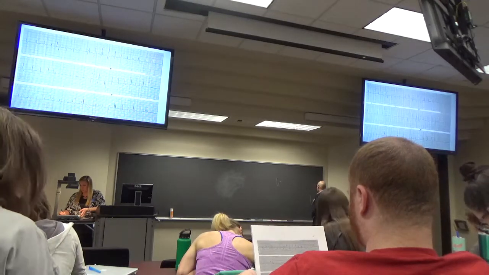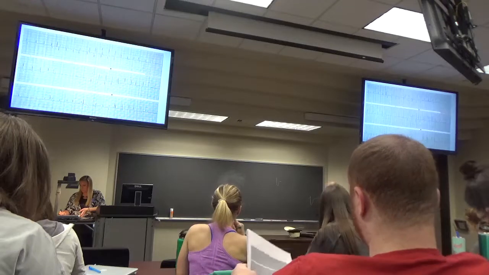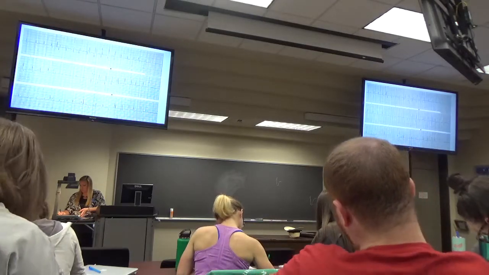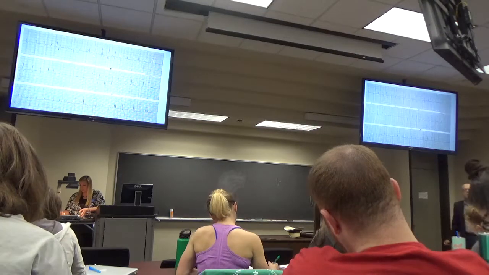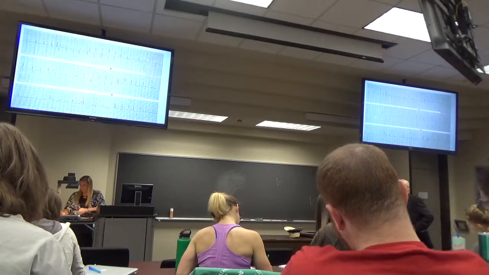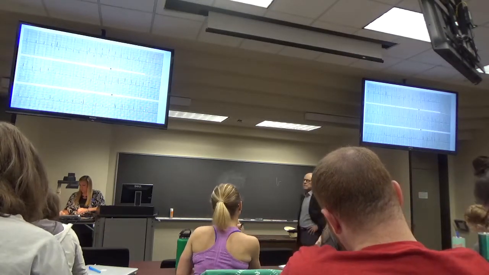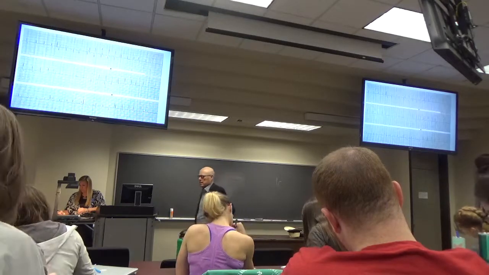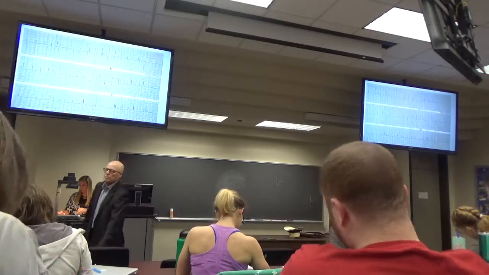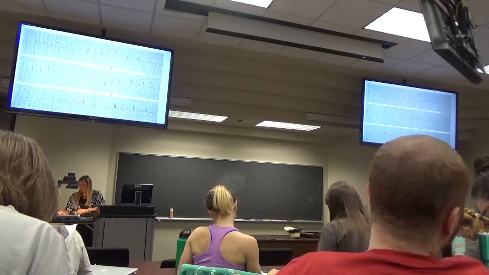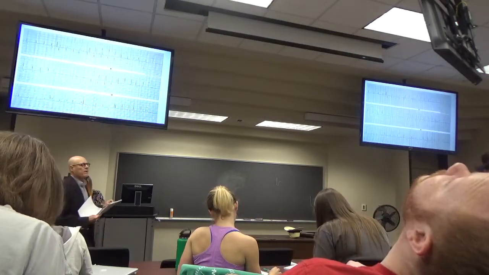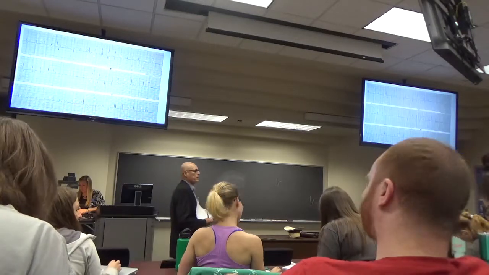V1 and V6 look like that. It's just too wide. This looks so much like a right bundle branch block, I call it QRS 0.13. And the RSR prime is not there in V1 because there's an anterior infarction.